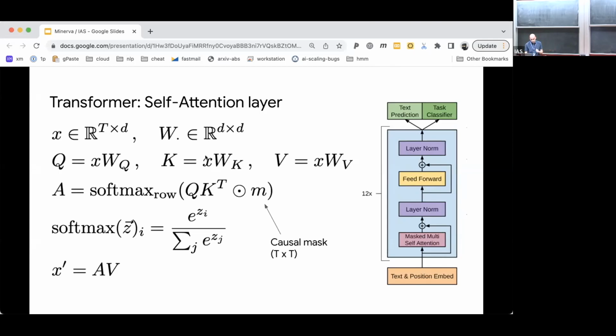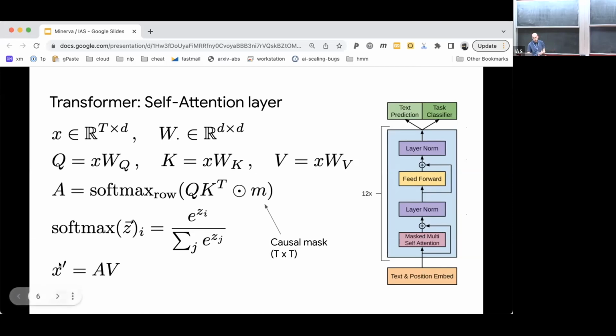So just to go through this quickly, there is some procedure here for calculating for every token a set of weights that sum up to 1, that look at all the tokens that came before this token. This ends up being a big T by T matrix A. And then we take this and we calculate the weighted sum for every token using this mask on this set of values. And this becomes a new value of all the tokens.